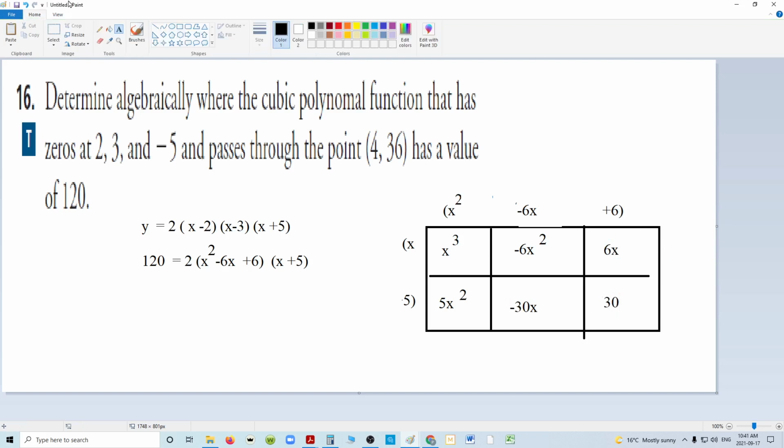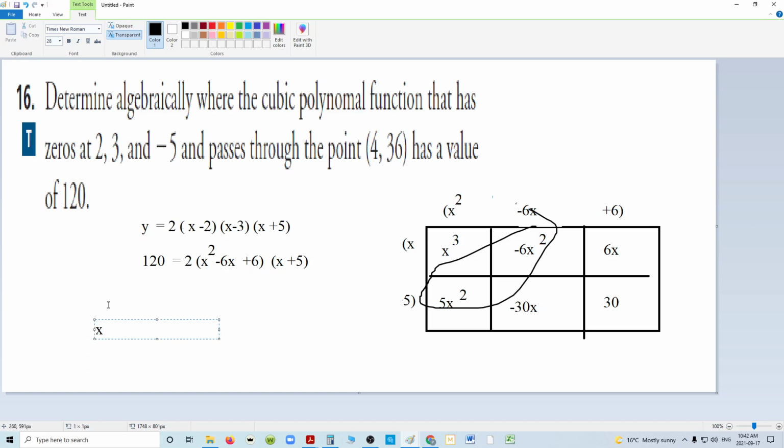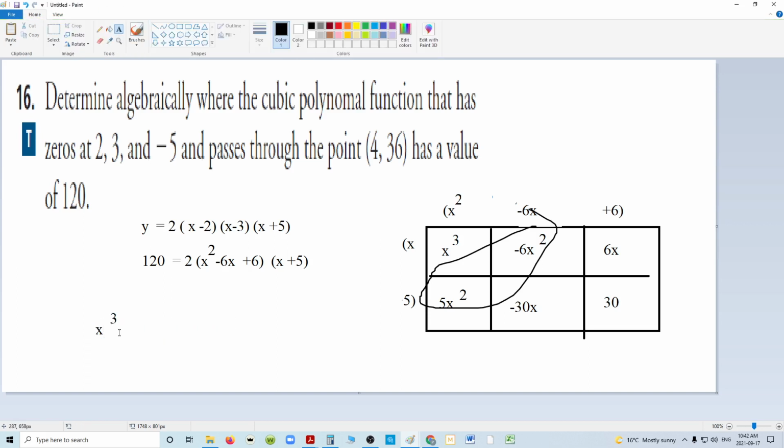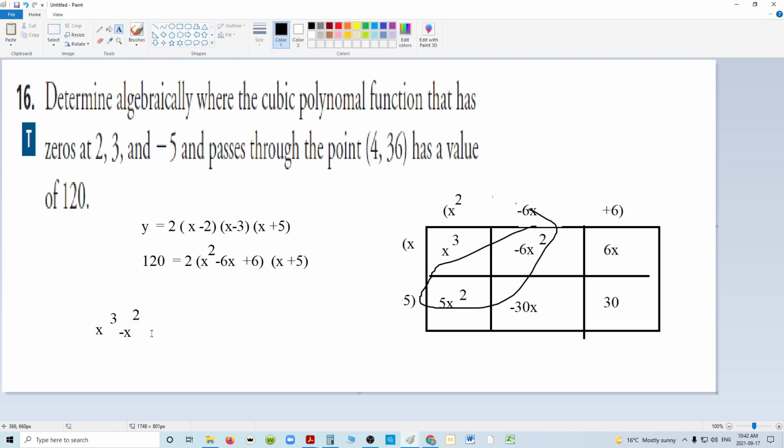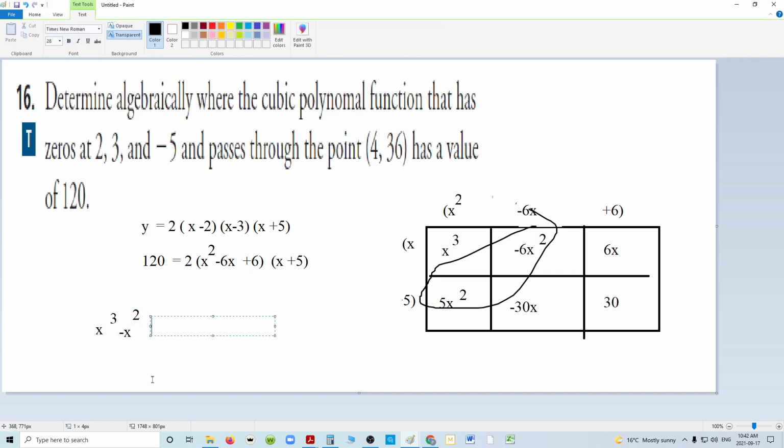And then I'm going to notice that these add up. And these add up. So I'm left with x cubed minus x squared, which is minus 6x squared plus 5x. Minus 30x plus 6x is minus 24x. And then plus 30, but it's all going to be equal to 120.